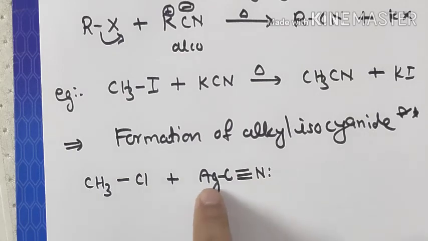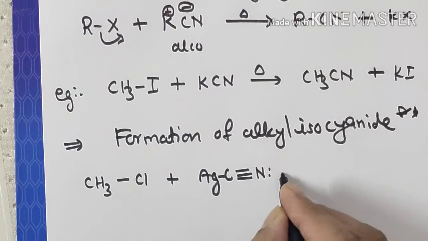Now, AgCN is covalently bonded. As a result, this Ag is not going to give its bonded pair of electrons to carbon, right? Not so simple to give that.